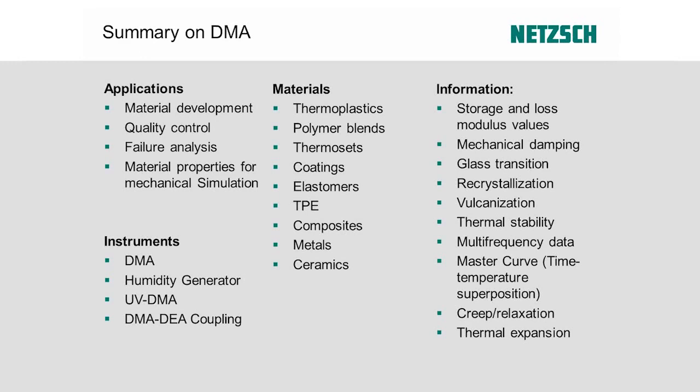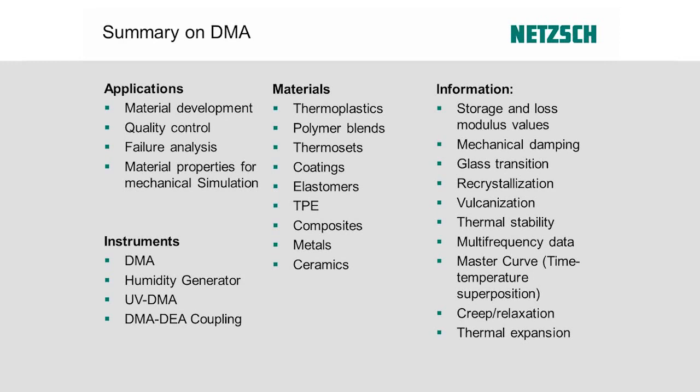Of course, what I did not mention, also biopolymers. Food is also biopolymer in some relations. Thermoplastics, of course, polymer blends, thermosets, I showed you an example, coatings, elastomers, thermoplastic elastomers, one of my samples, composites, fiber reinforced composites, which are quite up to date right now, but also other materials such as the response of metals or ceramics and their composites.